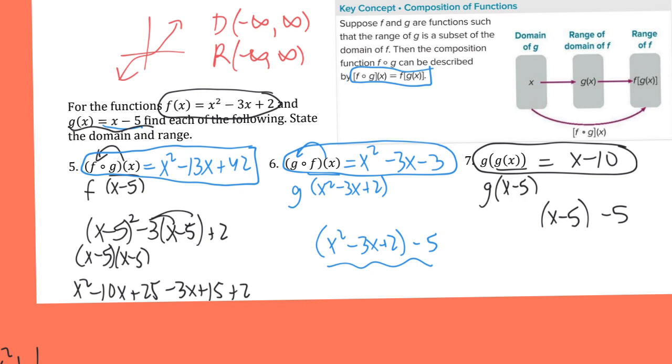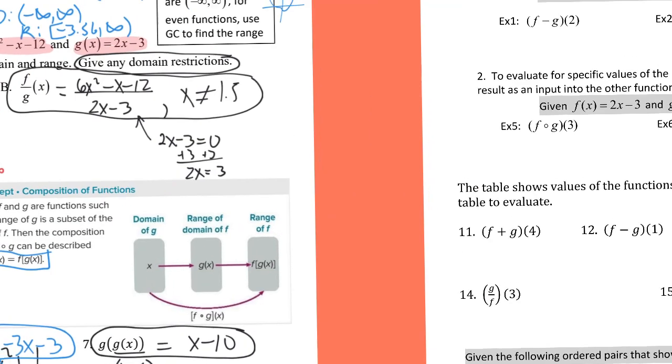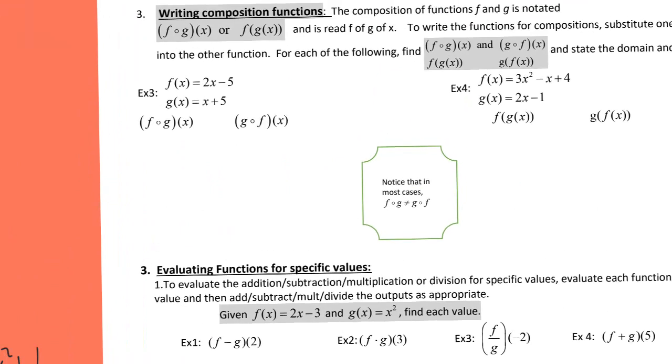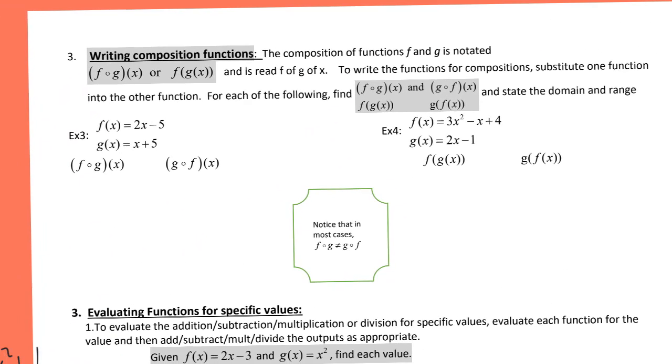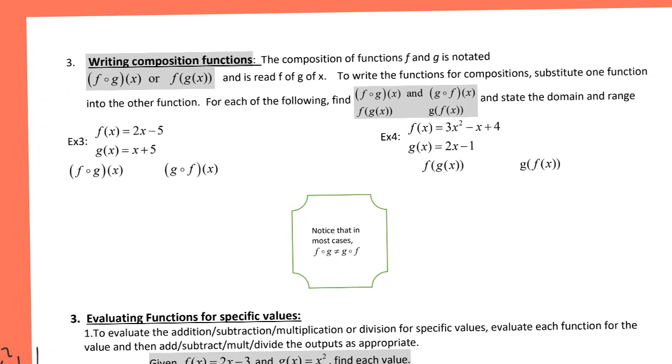So it's kind of weird to be making these new functions. And the way you make them would be like either adding two functions or subtracting two functions or multiplying two functions or dividing two functions or literally plugging in one function into the other in place of x. So I had my kids practice this and say, all right, let's take g of x and put it into f. Okay, so g of x is x plus 5.